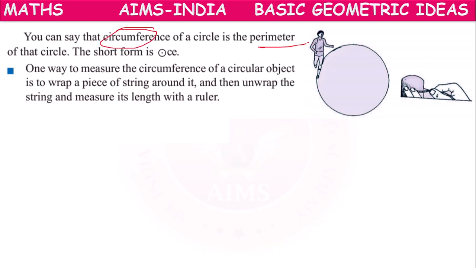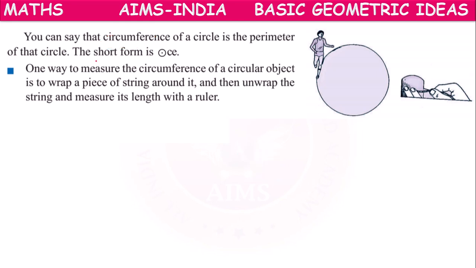Circumference is also called the perimeter of the circle. The short form of circumference is to keep a circle, keep the middle point, and write beside it CE, which means circumference.